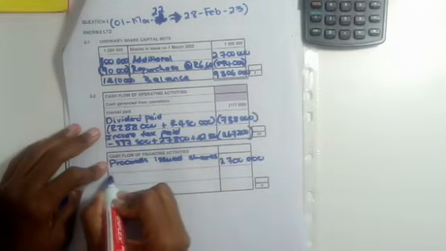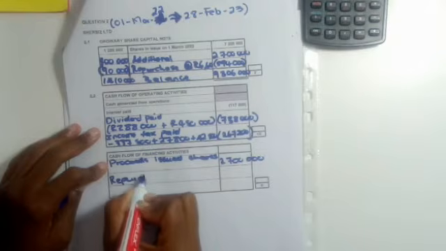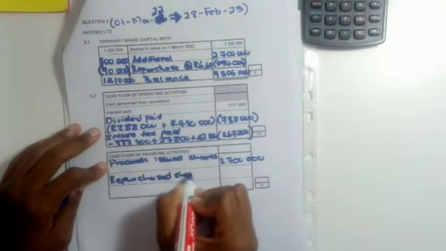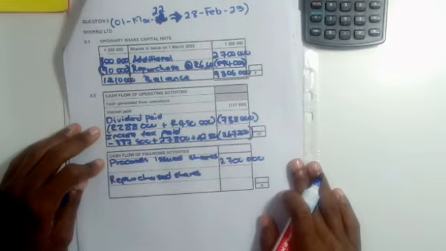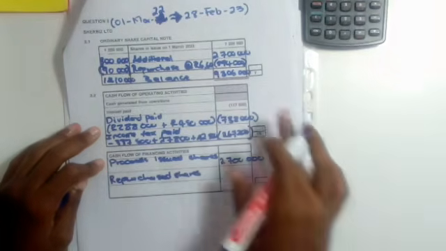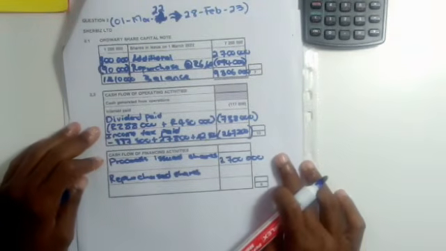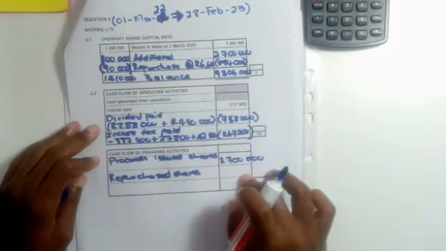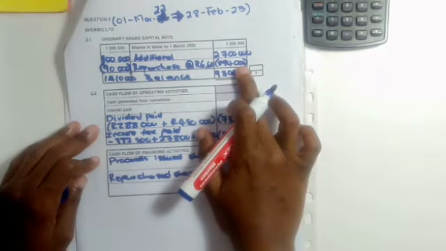So the funds that we used to repurchase these shares, we are going to now record them here. Now for this one, it's not going to be as simple as taking this amount and putting it here. Why? Because here, remember, we were specific and made sure that we recorded at an average price.